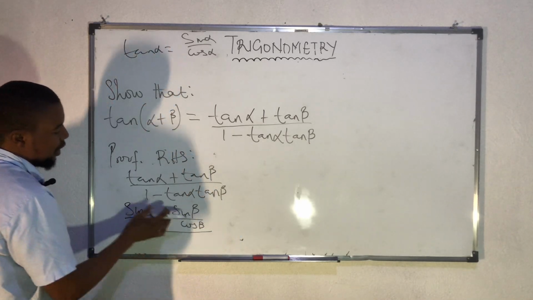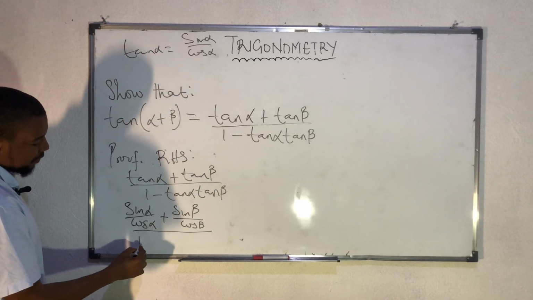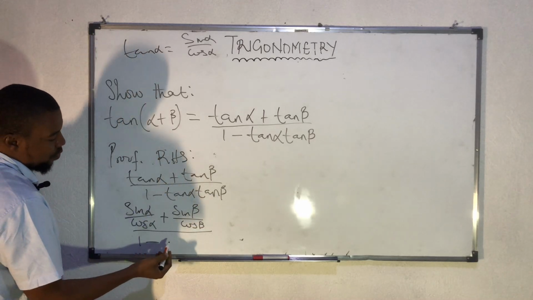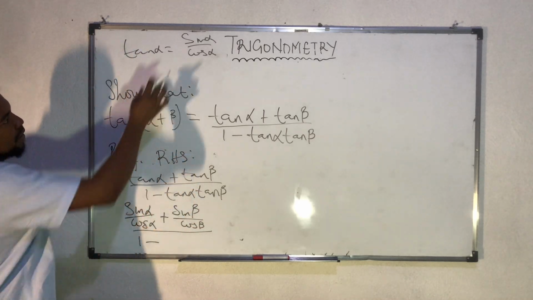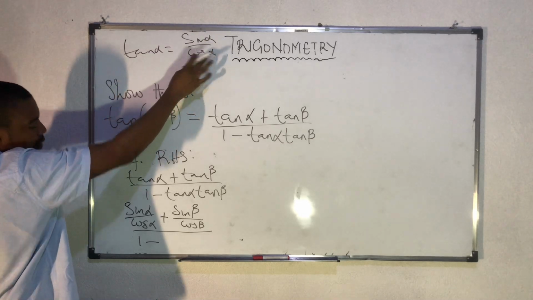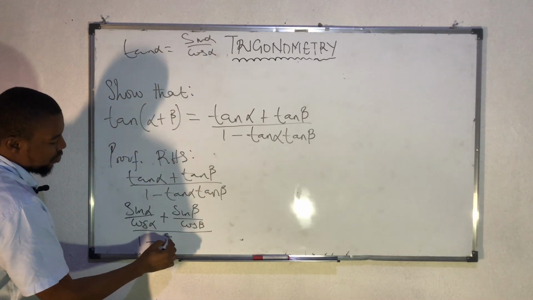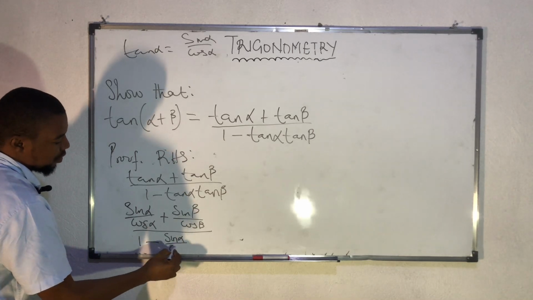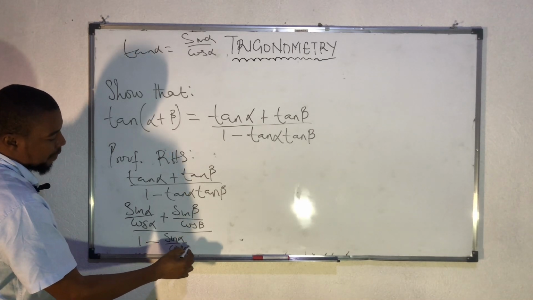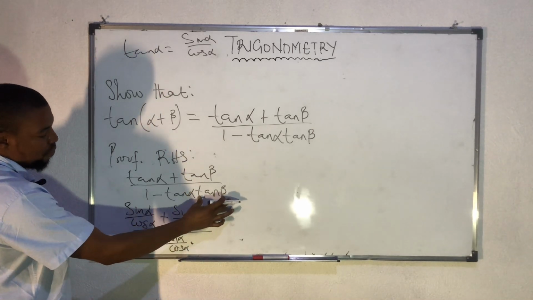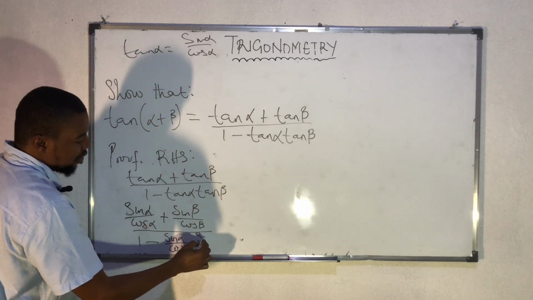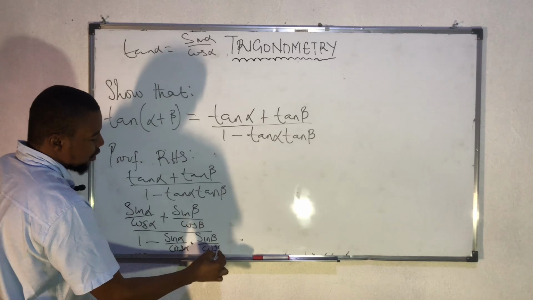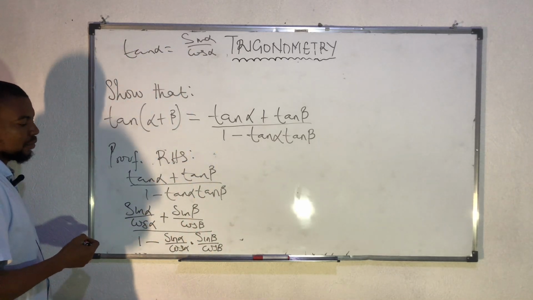And for the denominator, we have 1 minus tan alpha, which is sine alpha over cos alpha, multiplying tan beta, which gives sine beta over cos beta.